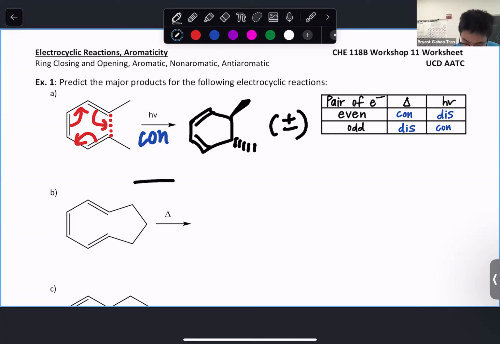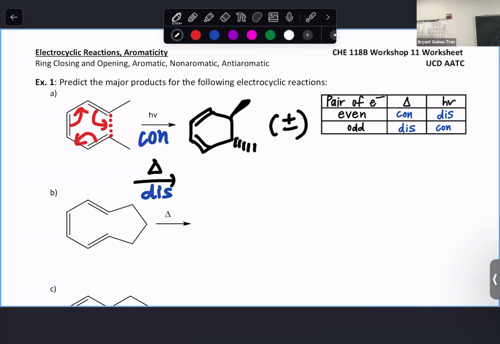Now, if your reagent wasn't light, but you had heat instead, this is still an odd pair of electrons, 3 pairs, but it would now be disrotatory. So let's practice that with the disrotatory. This is, let's say, clockwise. That means this other term has to go counterclockwise, right?